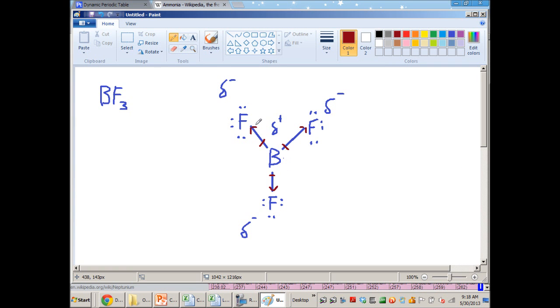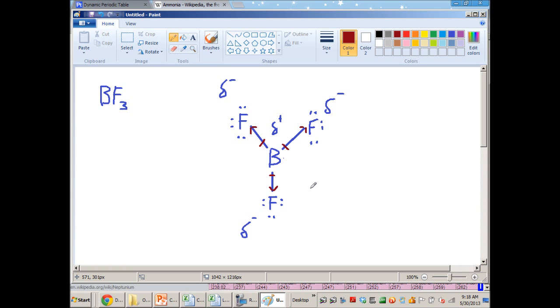The amount that this particular dipole moment is tugging that way is completely canceled out by the amount that these two are tugging in that direction opposite of it. So this is overall nonpolar, not because these bonds are nonpolar themselves, quite the opposite. It's nonpolar because the polar bonds exactly cancel each other out.